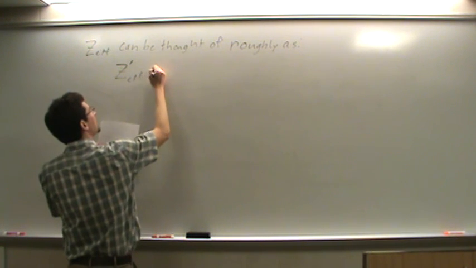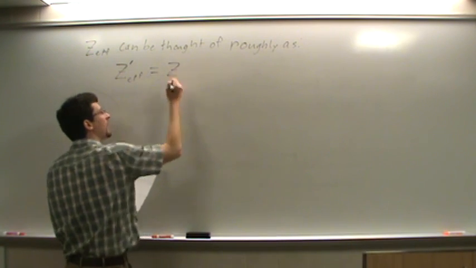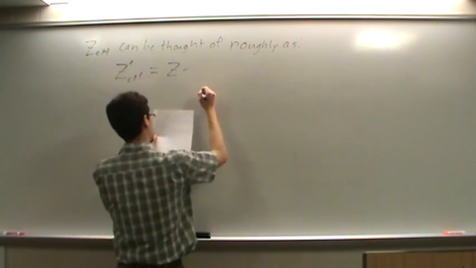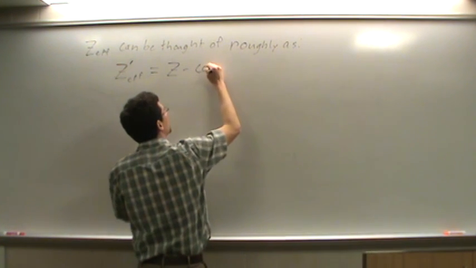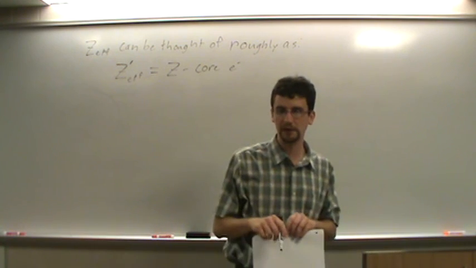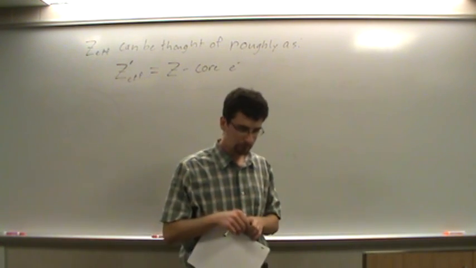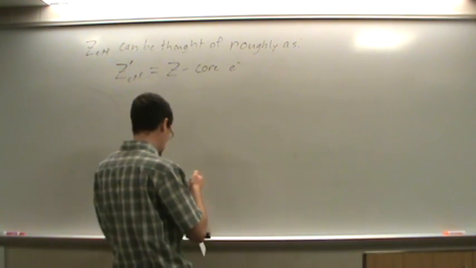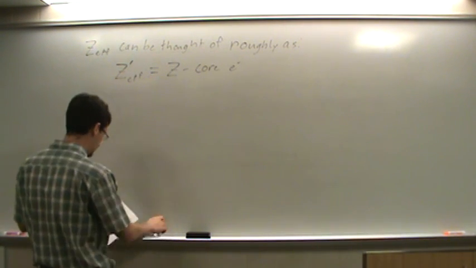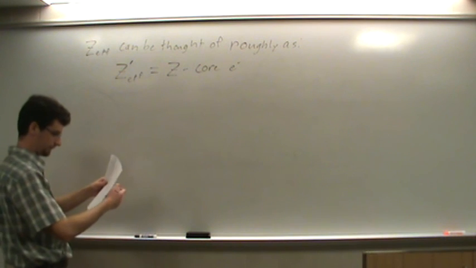Z effective prime is equal to the charge on the nucleus minus the core electrons, which we talked about last time. What is a core electron and what is a valence electron when we were discussing electron configurations.